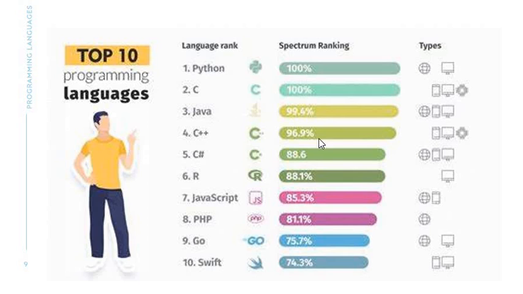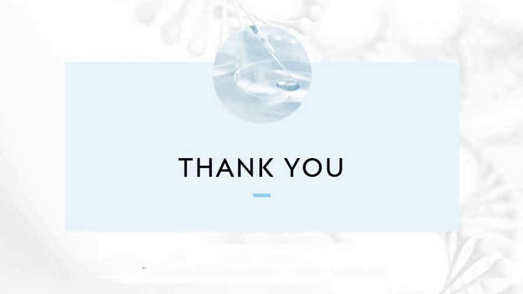Next one is Java, which is also mostly in demand. C++, no difference. Majorly these 4 languages are used by the industry the most. Next one is C#, that's about 88%. Next one is R programming, JavaScript, PHP. Next one is Go language, Swift language. So that's all about the programming languages.